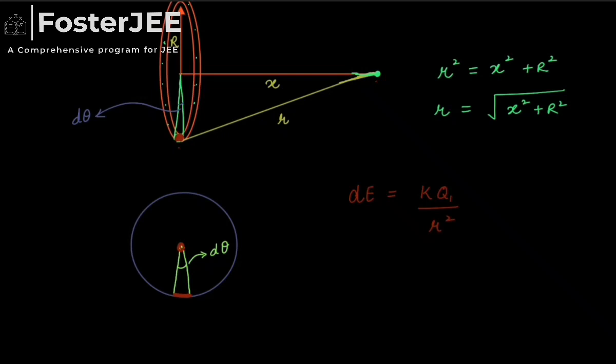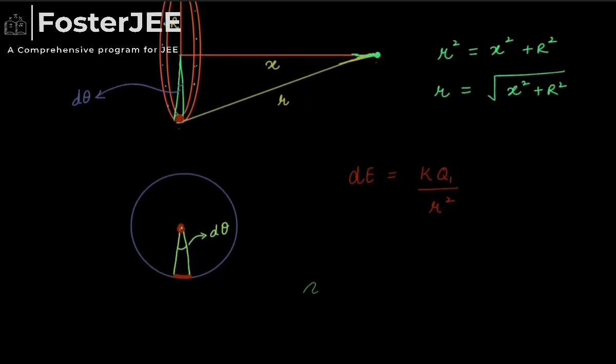As discussed earlier, we will forget every other particle on the ring and consider that in this diagram only this part is present, at a distance r from our point. This is just to show, and this is our point. Now this is not a charge, because for electric field we want only one charge whose electric field has to be determined.